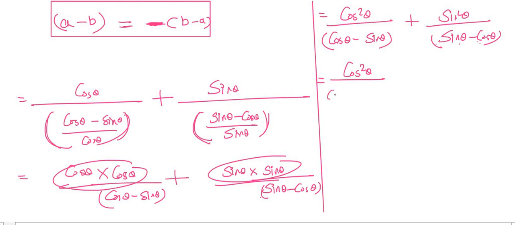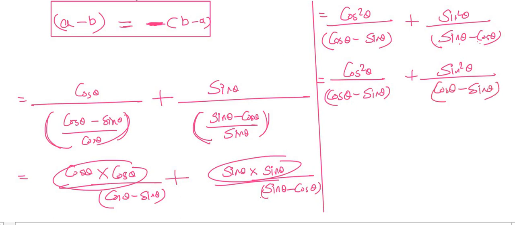So cos minus sin, and here I am trying to flip this one. So this will become cos minus sin with a minus in front. So because of this minus, this will become minus, correct?